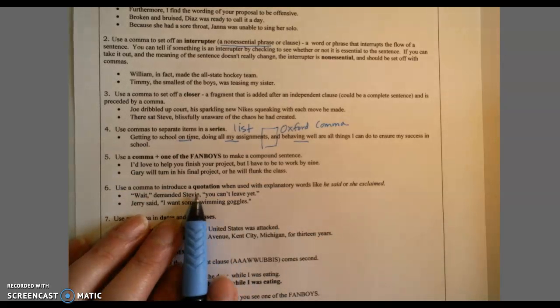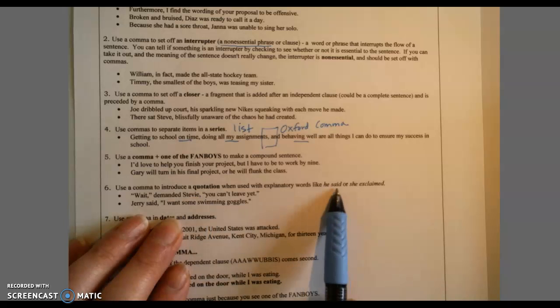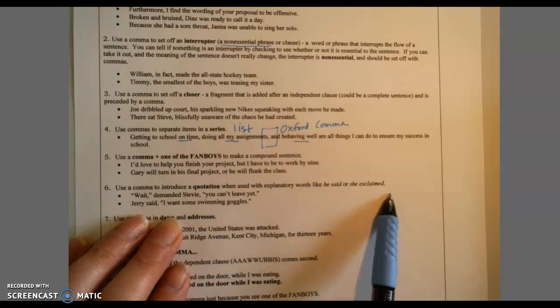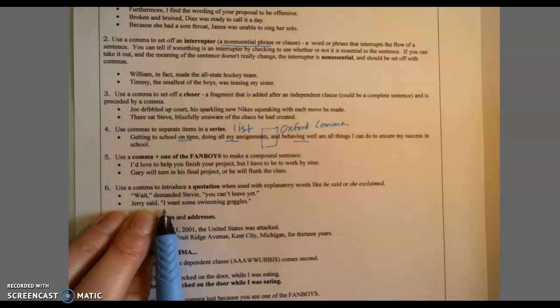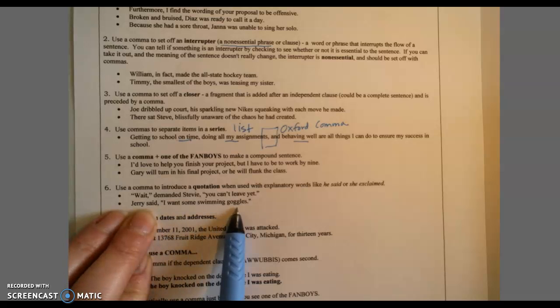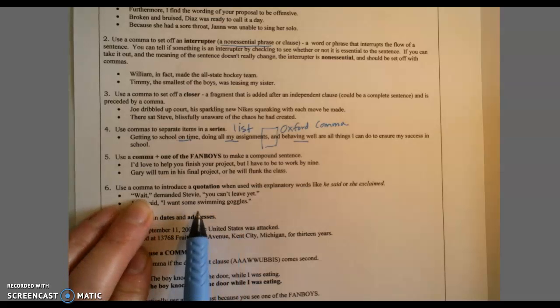We use commas to introduce a quotation, right? And it's usually after a verb. He said, she exclaimed. And that example is here. Jerry said, comma, I want some swimming goggles. We also use commas in quotations when we're interrupting the quotation for narration, right?